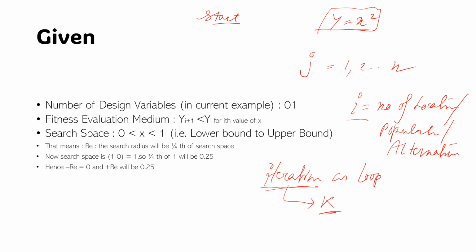So the fitness evaluation medium means i plus 1 is the new location and i is the old location. So the y at the new location must be less than the y at the old location. Then only it is fit. If it is not, then we have to think something else.